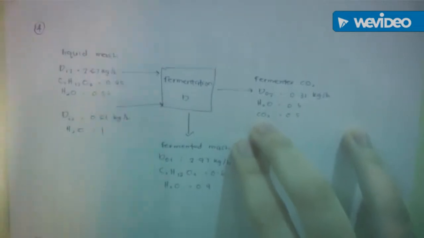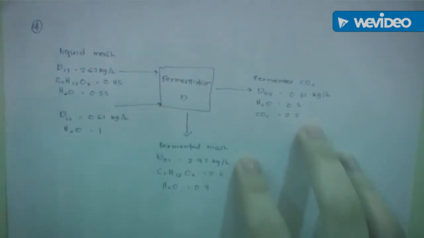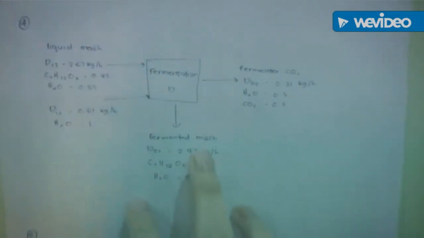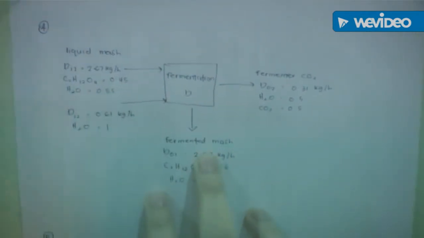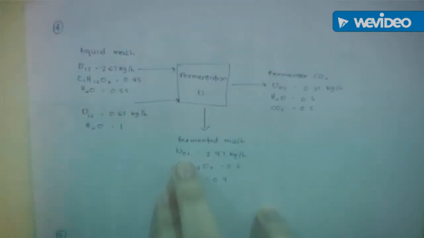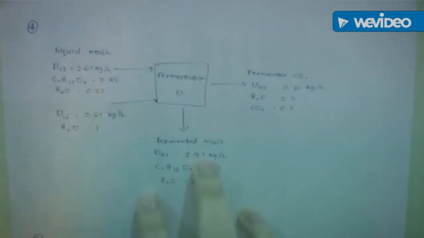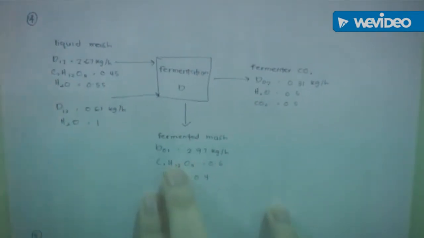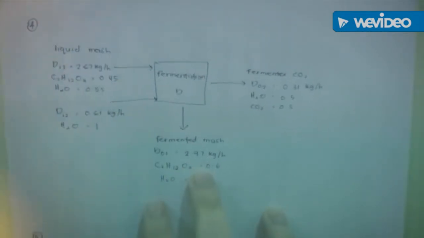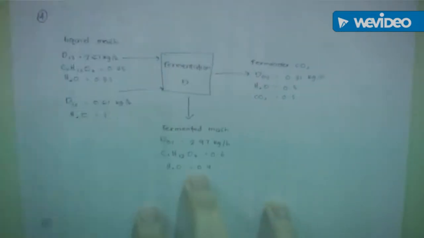Material balance for water is 0.5 and carbon dioxide is 0.5. And the fermented mash that will go out from this process has a flow rate of 2.97 kg per hour with sucrose 0.6 and water 0.4.